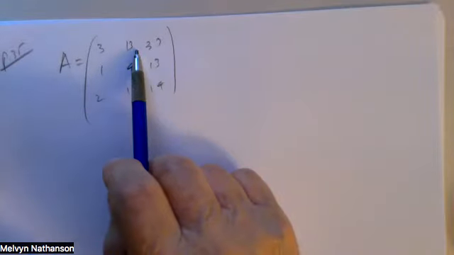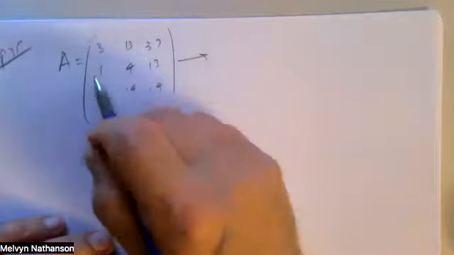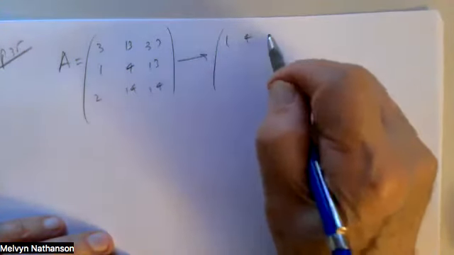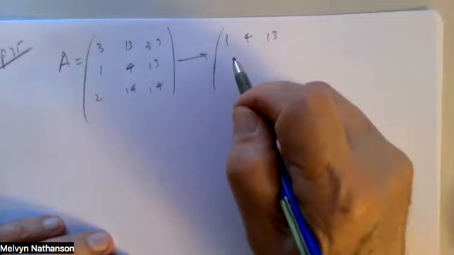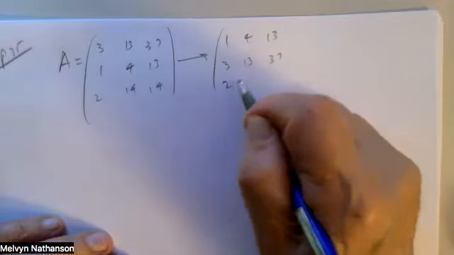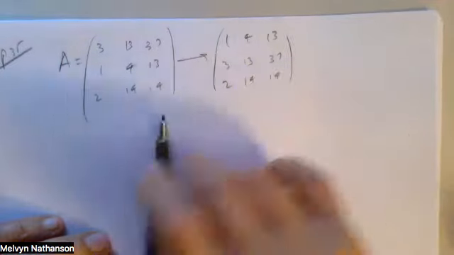So I want the first non-zero entry in the first row to be a 1. I could divide the first row by 3 and get fractions. It's easier if I just interchange the first two rows: 1, 4, 13; 3, 13, 37; 2, 14, 14.